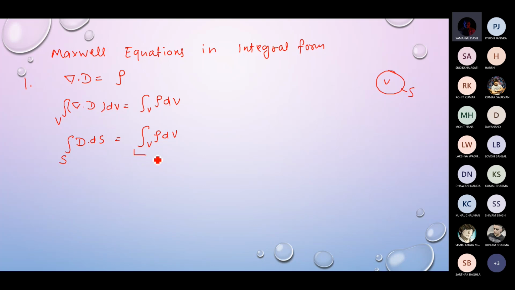Now we know that the volume integral of the volume charge density rho dV is equal to Q, the charge enclosed.